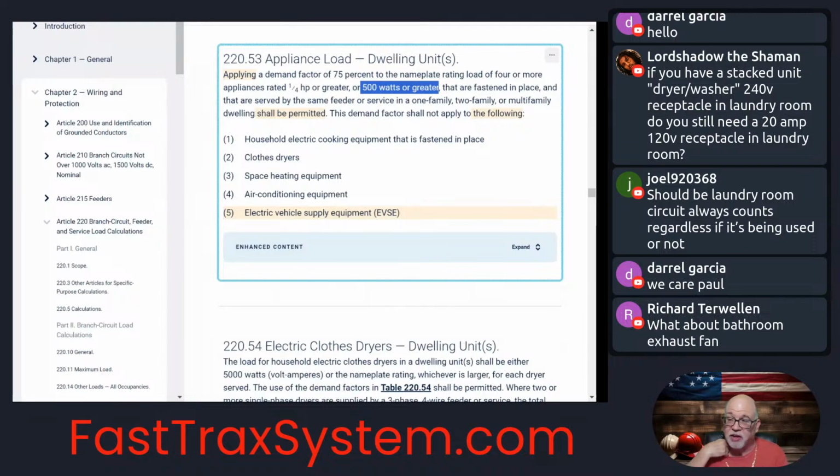Now, years ago, before this language made it into the 2020, there were people that were stacking these little motors to try to bump them into having 4 or more. And I'll be honest with you, I don't know why they would do that, because in the real world, nobody's going to be using the standard method to size their service for a dwelling.